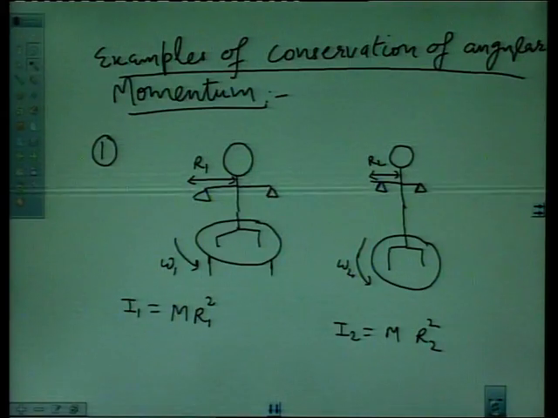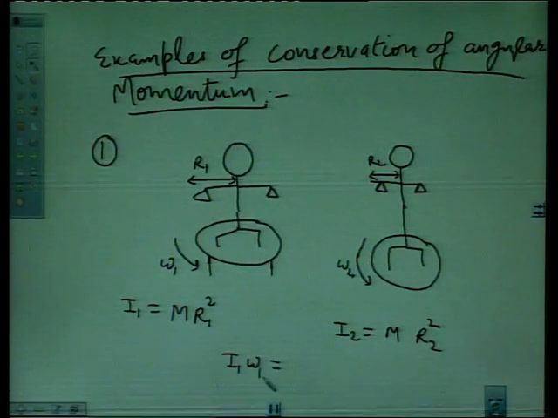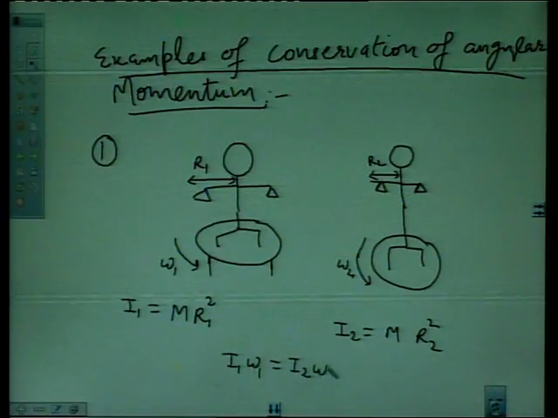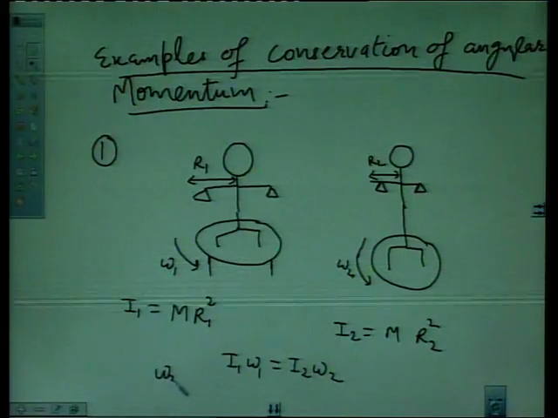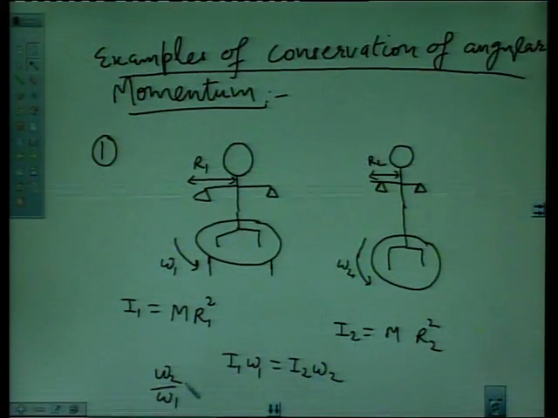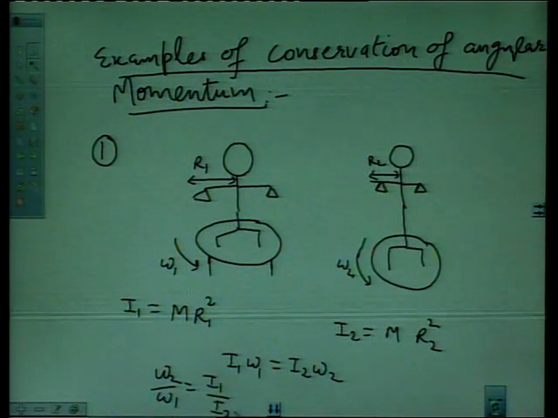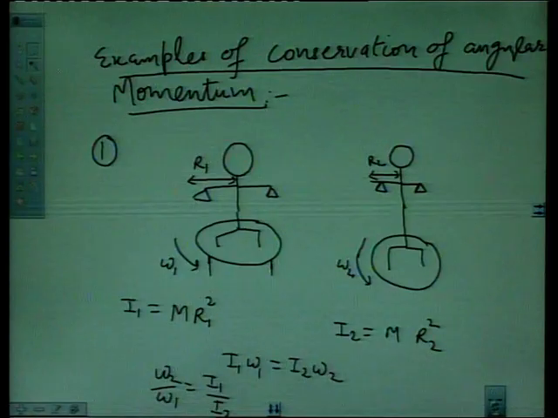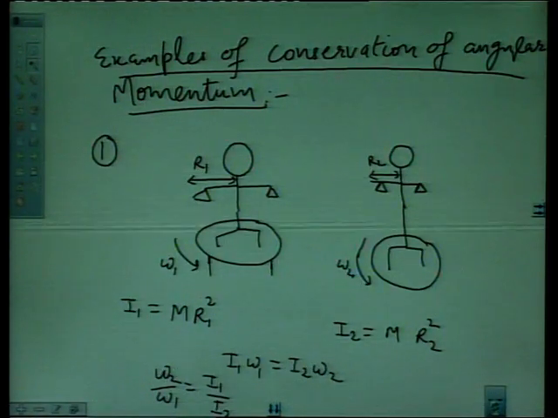Now, we know that I1 omega 1 is equal to I2 omega 2. So, omega 2 upon omega 1 is equal to I1 upon I2. So, the ratio of omega 2 upon omega 1 is equal to the ratio of moments of inertia.